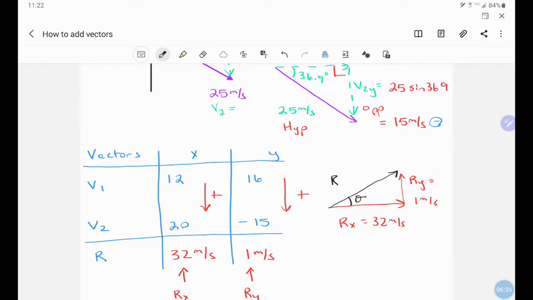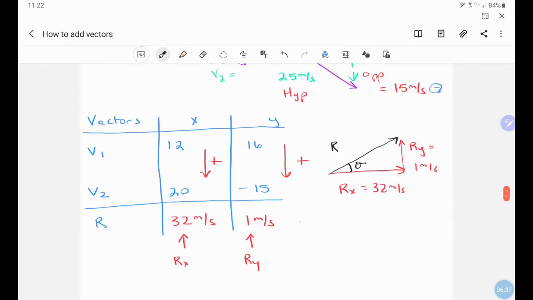So I need to find R and theta here. R, we'll use Pythagorean theorem, so that is the square root of 32 squared plus 1 squared, giving us about 32.01.